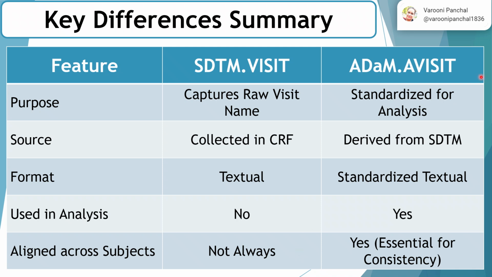But when it comes to AVISIT, the visit labeling, the visit numbering, the visit sorting, and all those terminologies that are being used need to be maintained consistently, so that it aligns across all subjects. So that feature is present in ADaM.AVISIT.